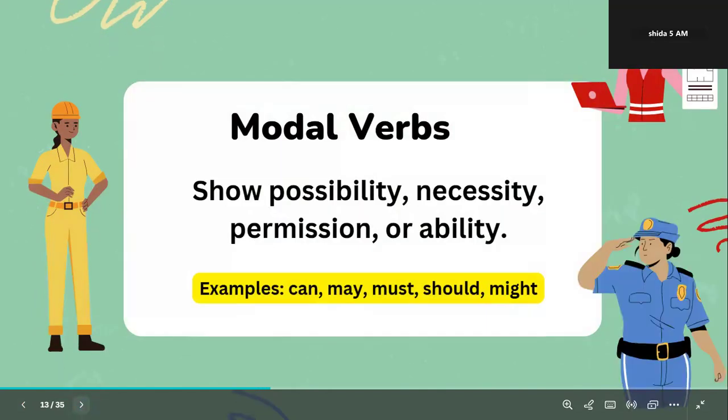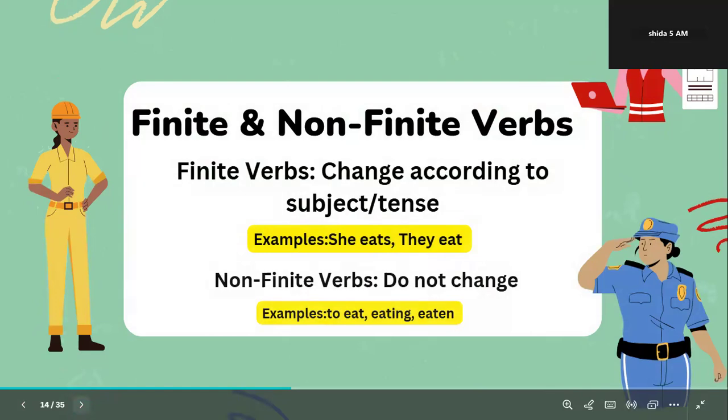The next one is modal verbs. It shows possibility, necessity, permission, or ability. For example, can, may, must, should, might. Next one is finite and non-finite verbs. Finite verbs change according to subject or tense. For example, she eats, they eat, I eat.